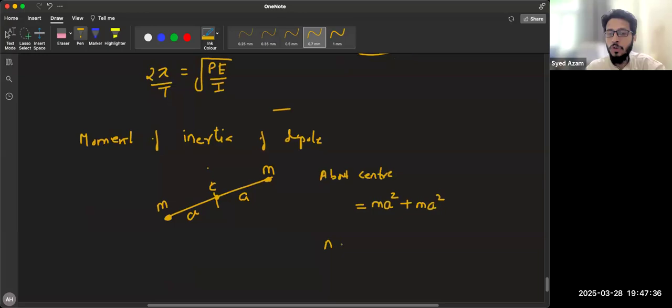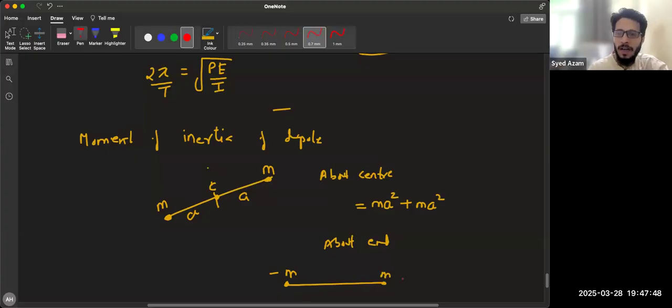But if you are supposed to calculate moment of inertia about an end, let's say I ask you to calculate moment of inertia of dipole, this is mass m, this is mass m, about this mass. What is the perpendicular distance between this mass and axis which is passing through one end? See, axis is passing through the mass, so the perpendicular distance is 0.